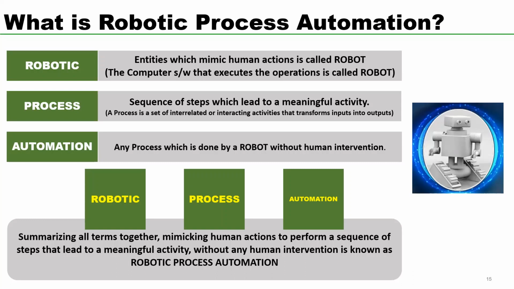He is giving instructions to the bot in terms of a process, by developing using the studio, and he asks it to execute those instructions sequentially. For example, as a physical employee, how he is going to work on day-to-day activities: opening the system, opening the mail, downloading the attachments, reading the data, submitting the data, data entry, or sending the mail.